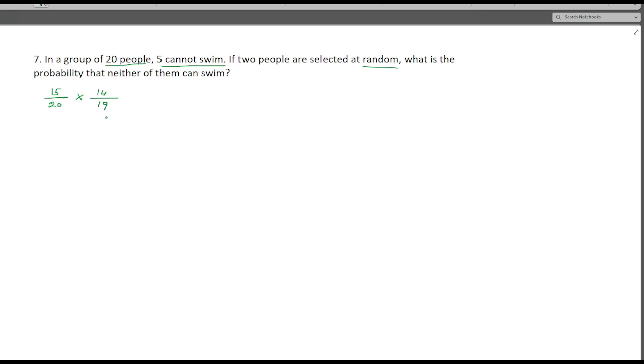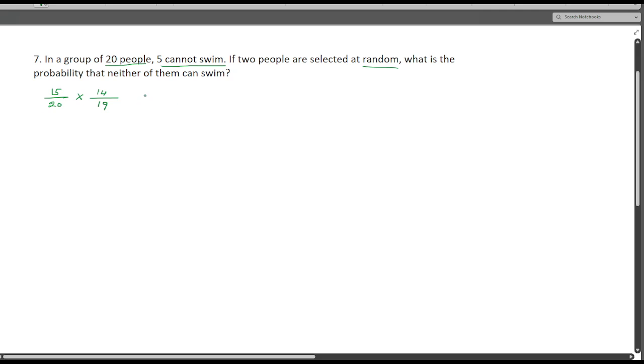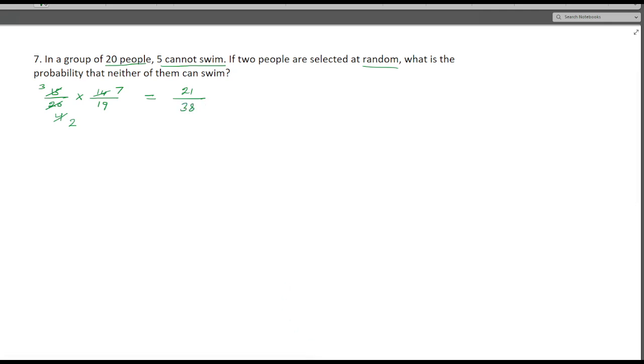It is going to be 15 divided by 20 times 14 divided by 19. On simplification, 5 3s are 15 and 5 4s are 20, and then 2 2s are 4, 2 7s are 14. 7 times 3 is 21 divided by 19 times 2 is 38. So 21 divided by 38 is your result. So this is your question number 7.